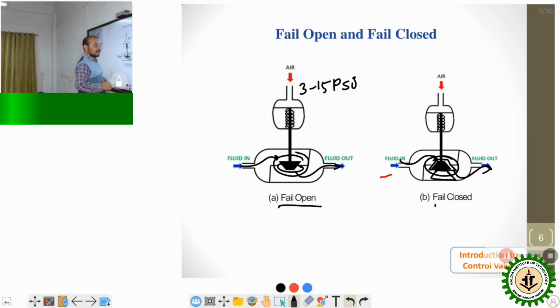This is called fail close. If you are unable to provide any air pressure signal, the control valve will completely close, and no liquid or stream can flow from the upstream to the downstream side.